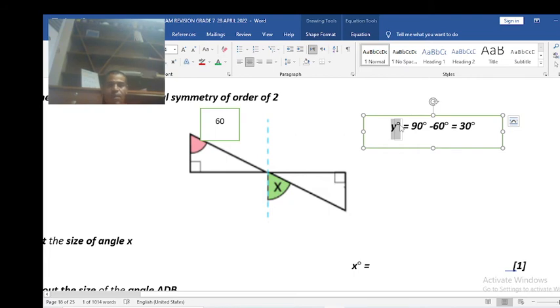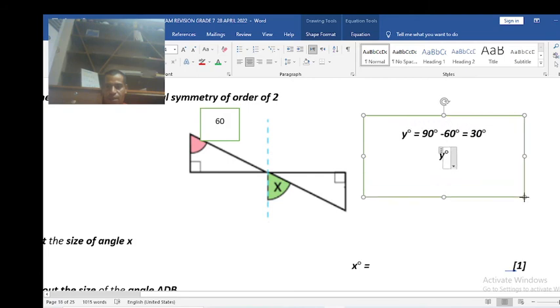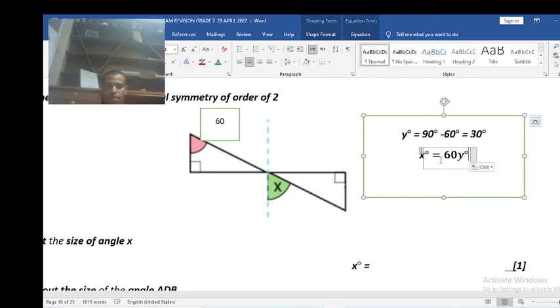Okay, I will write it here down. X equals what? X is equal to 60 degrees.